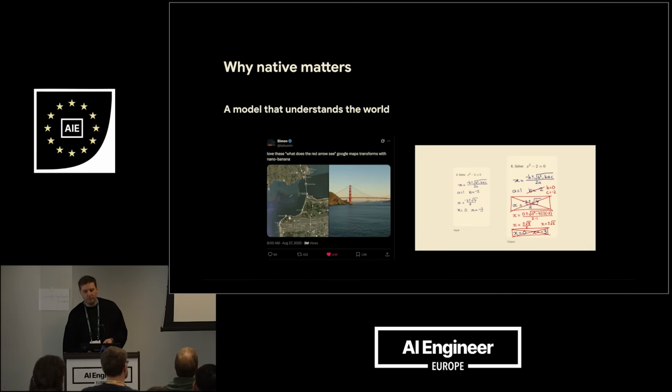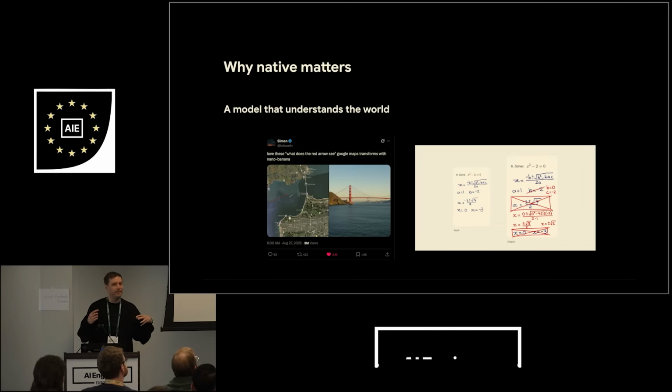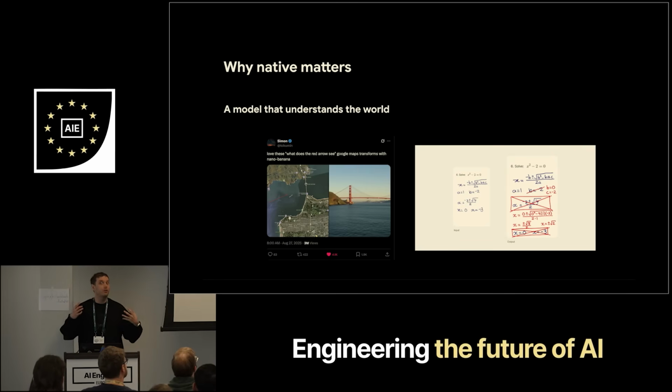And I also quickly wanted to touch on why native generation matters. So we call these native image generation models, for example, because they are based on Gemini. So a lot of the training that goes into the main Gemini models is now also available in these models. And this allows a lot of really cool use cases because these models understand the world.